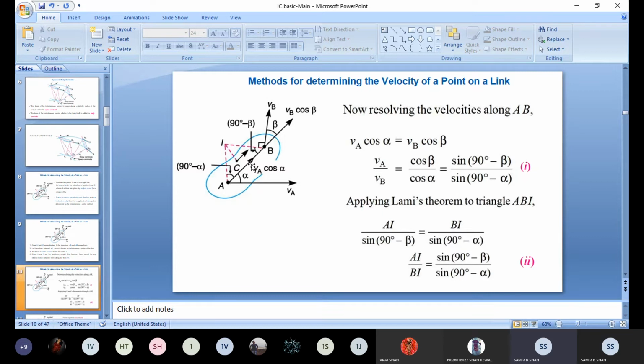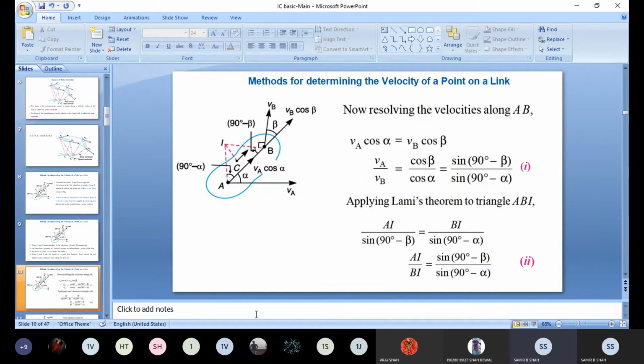We know very well Lami's theorem. Based on that rule, AI by sin(90 minus beta) is equal to BI by sin(90 minus alpha), or AI by BI is equal to sin(90 minus beta) divided by sin(90 minus alpha).